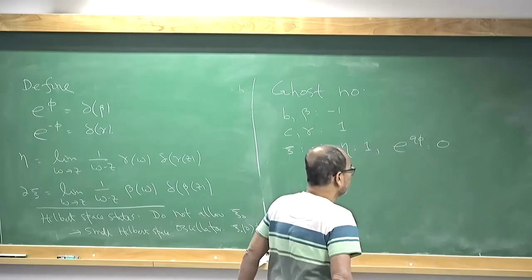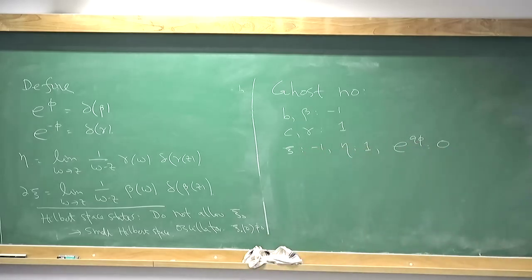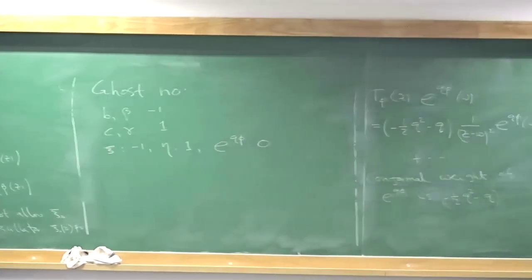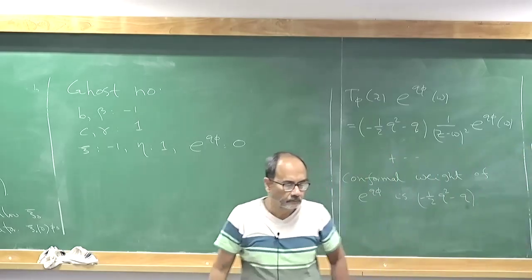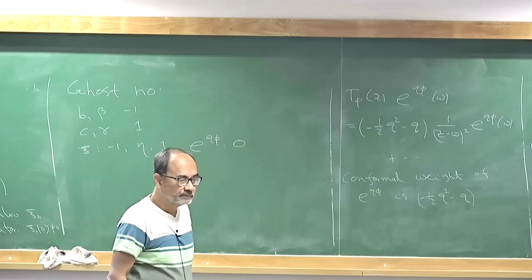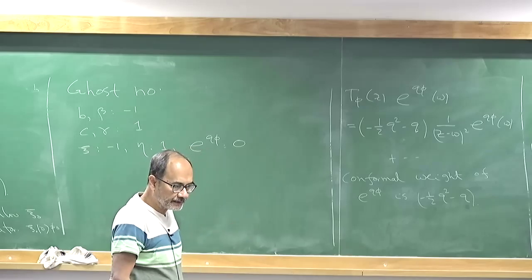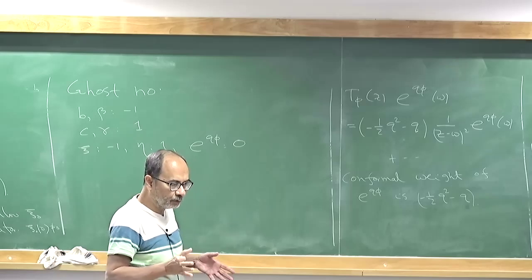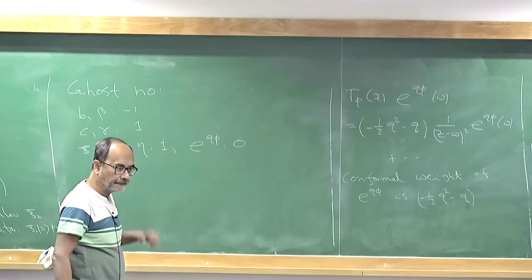Then you see that with this the ghost number assignment is correct. Del xi e to the minus phi will have ghost number -1, and eta e to the phi will have ghost number 1. So the ghost number conservation is separate from the beta gamma ghost conservation, a priori at the level of the correlation functions, but eventually what matters is the total ghost number.